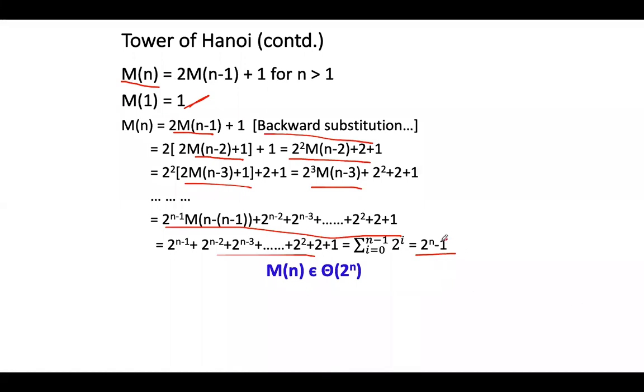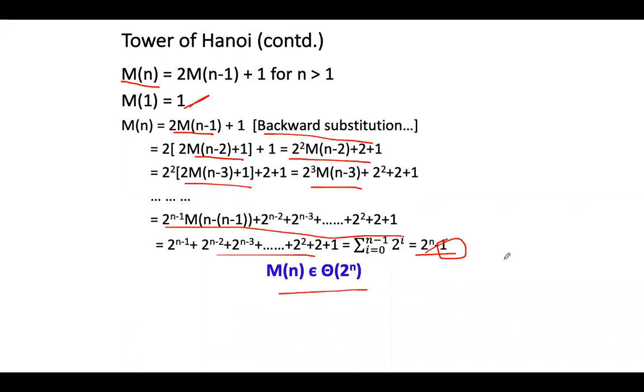So we will omit this constant. So M of n will be equal to theta of 2 to the power of n. 2 to the power of n means it consumes a lot of time.